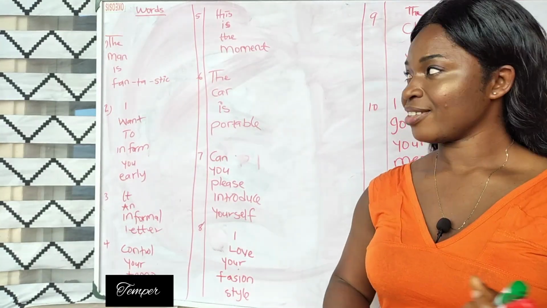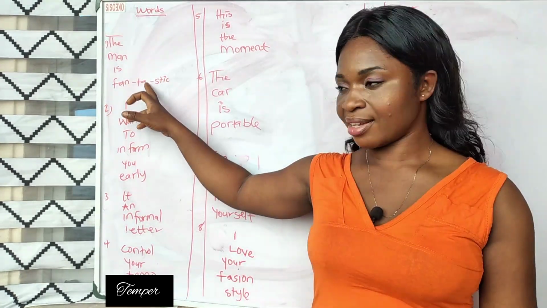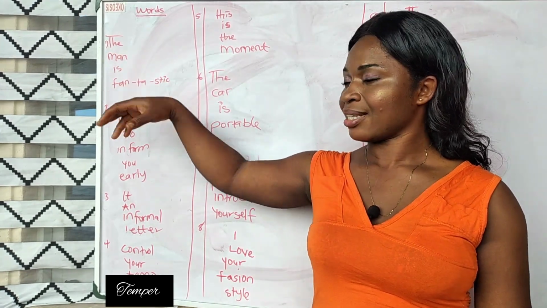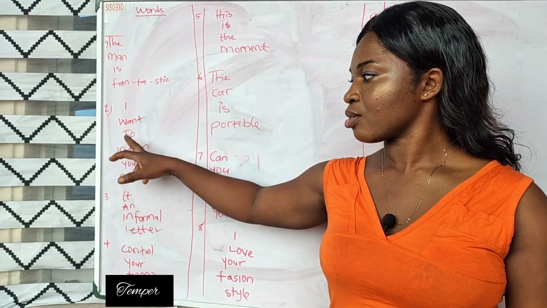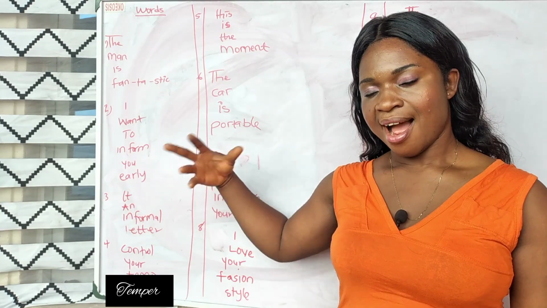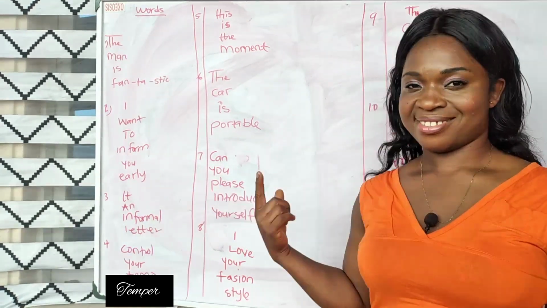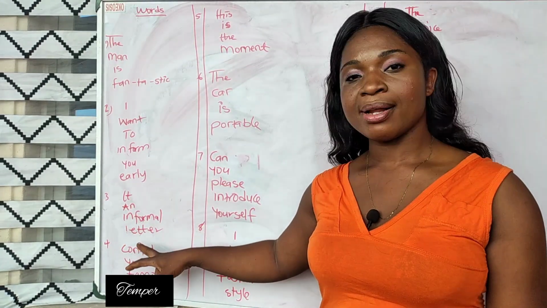Let's read it again. So the sentence reads, the man is fantastic. I want to inform you, Ellie. I want to inform you, Ellie, about anything. Okay, number 3, it's an informal letter.